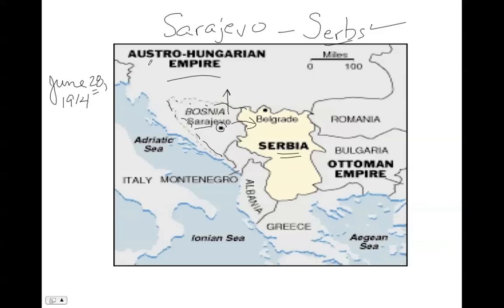In Austria-Hungary, they had a dual monarchy, which meant they had two kings. One was Austrian, the other one was Hungarian. And Archduke Franz Ferdinand was the heir to the Austrian throne.